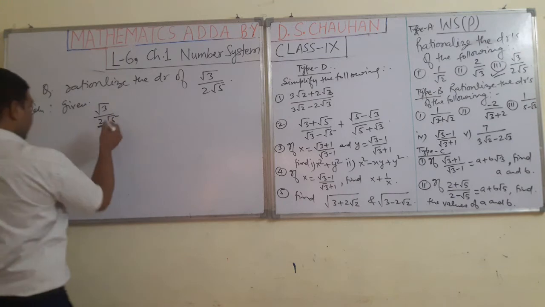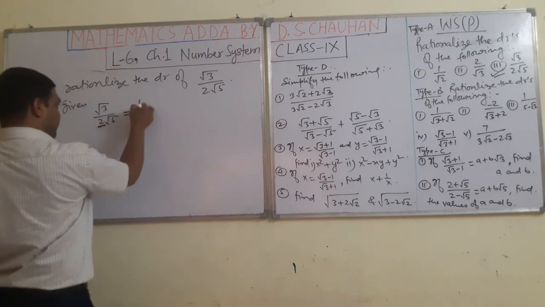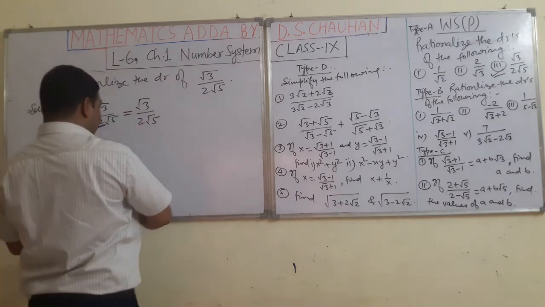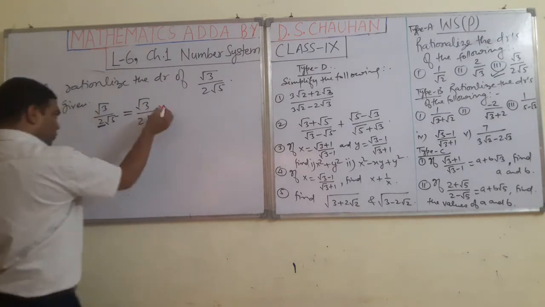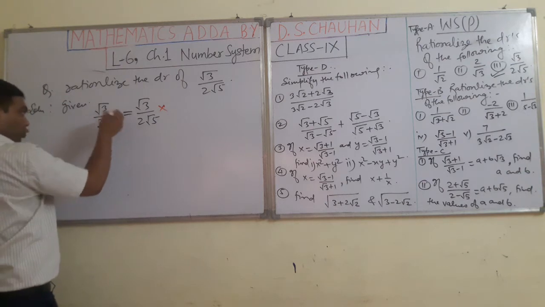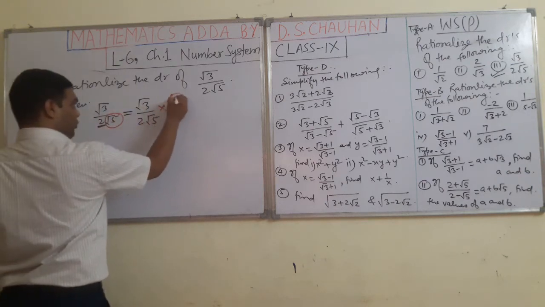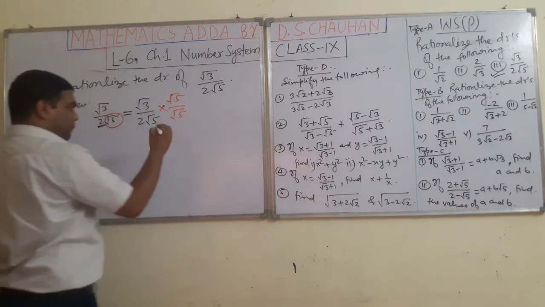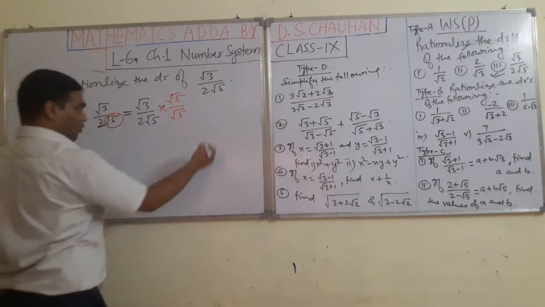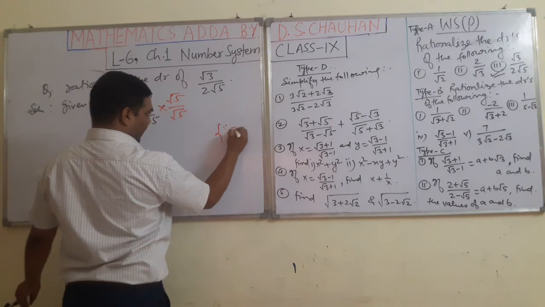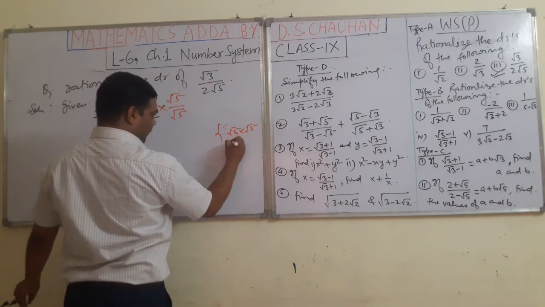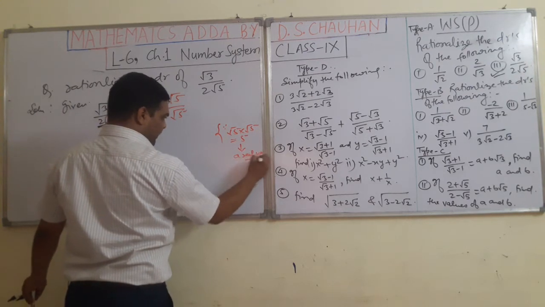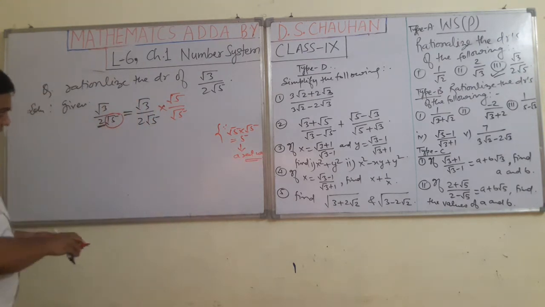See it. We can solve it in this way: root 3 upon 2 root 5, multiplying the numerator and denominator by root 5. So we can write it in this way. Now why are we multiplying by root 5? Because we know that if root 5 is multiplied by root 5, we will get the answer 5, which is a rational number. So in such a case you have to proceed in this way.